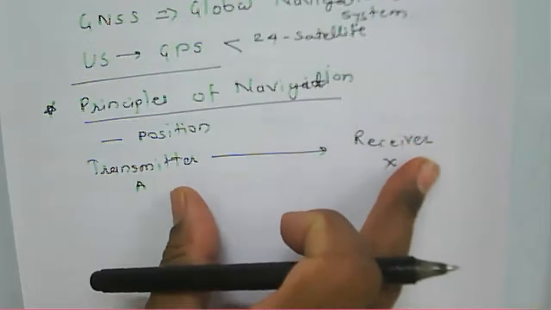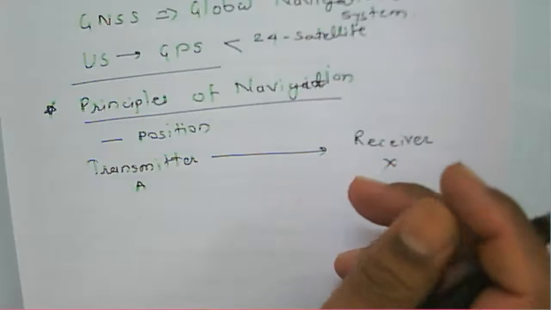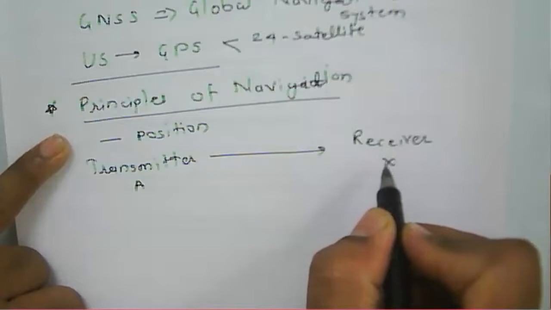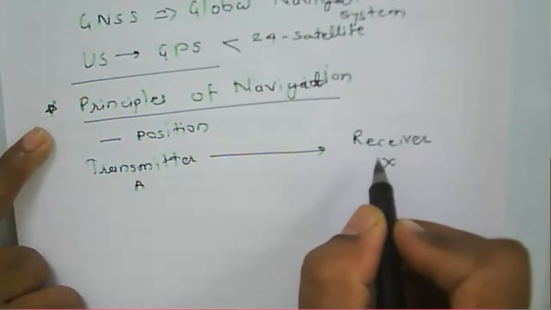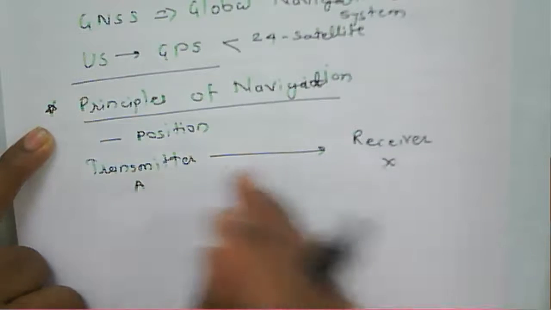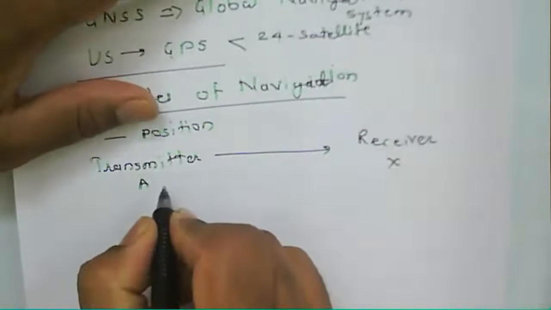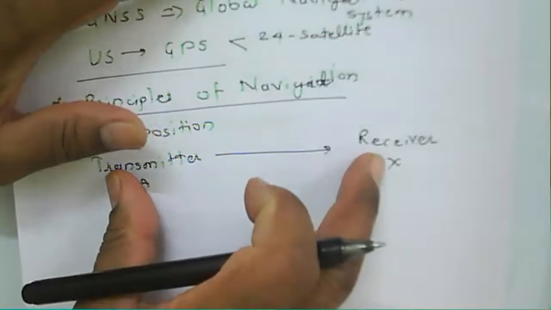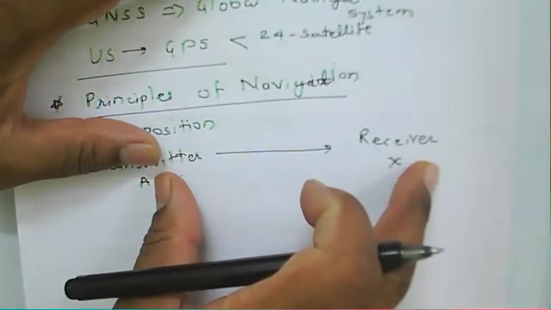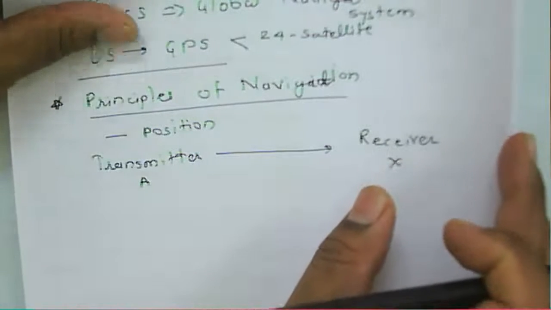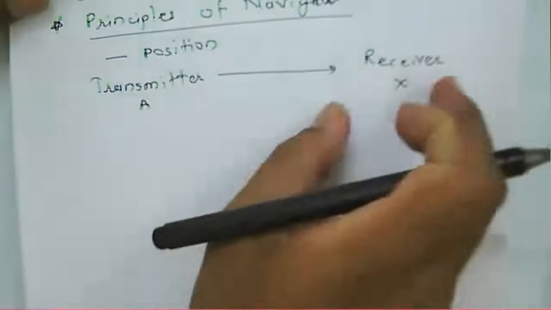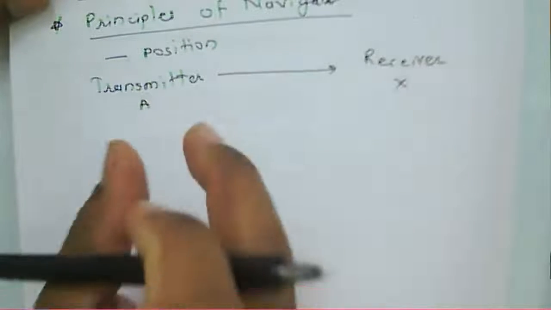If we know the time taken by the transmitted signal to travel from this place to this place, then we can find out the distance from the transmitter to our location. So we should know at what time the signal is transmitted, and we need to know what the delay will be. The delay between the two devices depends upon the distance. If the transmitter and receiver are near, the delay will be small.